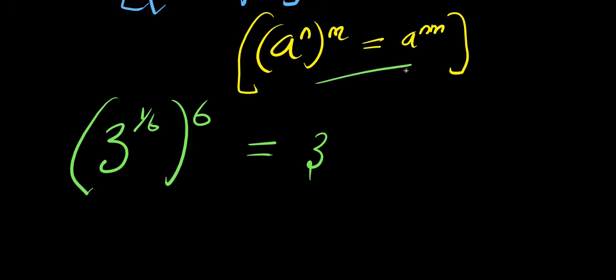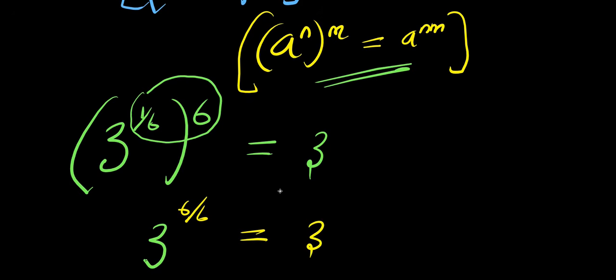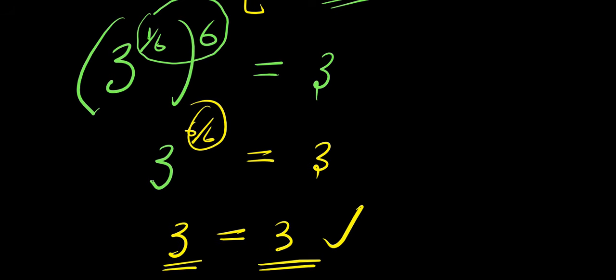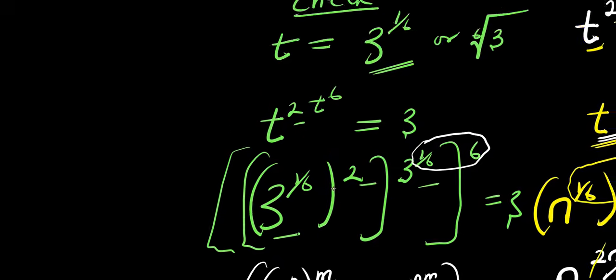And we still go back to the same identity by multiplying this exponent. This will be 3 raised to the power of 6 times 1, that is 6 over 6. And from here, 6 over 6 is 1, so you have 3 equals 3. Left-hand side equals right-hand side. So that is how you can actually solve this exponential problem.